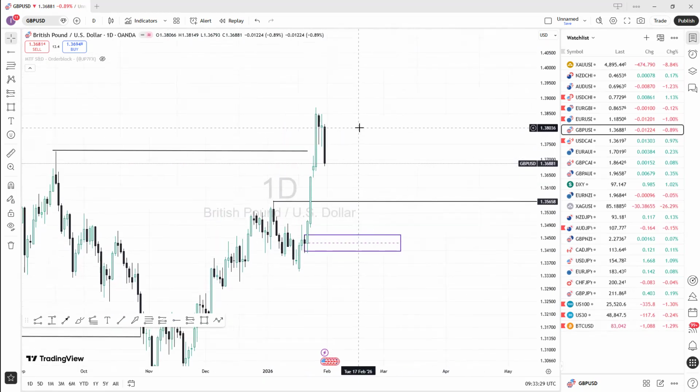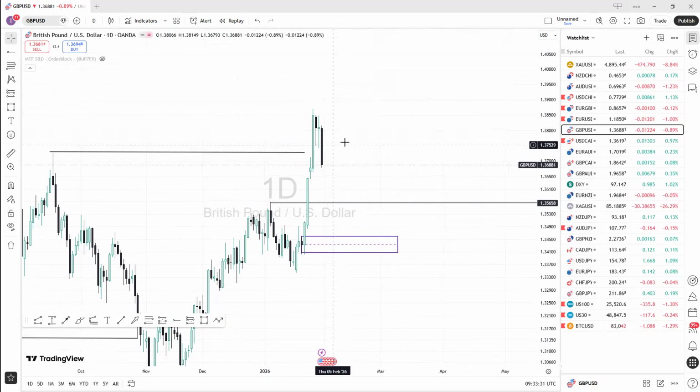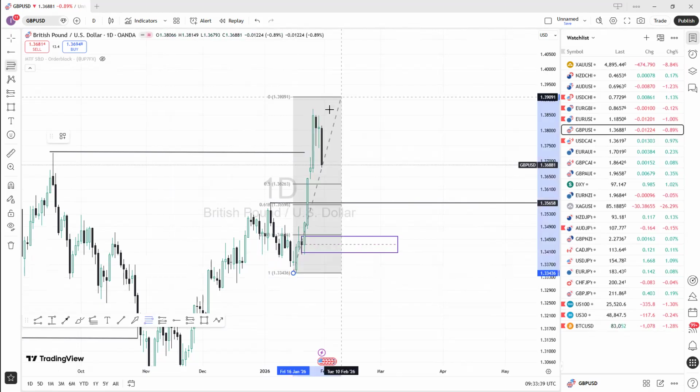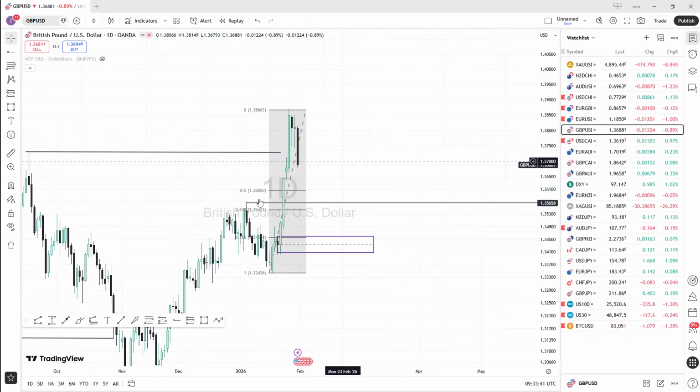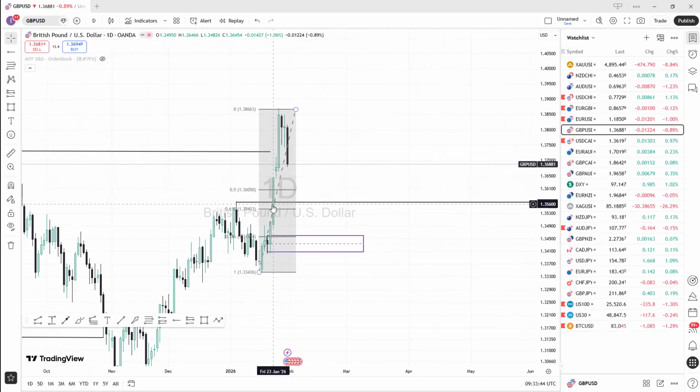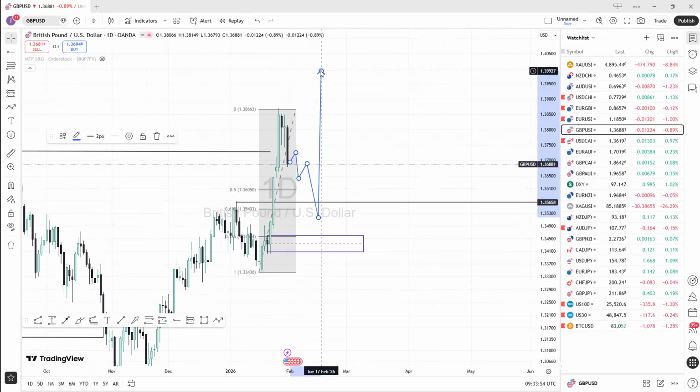And previous last candlestick or Friday candlestick, you can see it closed bearish. So we are supposed to find short position until price reaches discount zone. Okay, so when you place your Fibo, you can see discount zone is located on downside here. So price has to retrace back to discount, and then you can find buys.